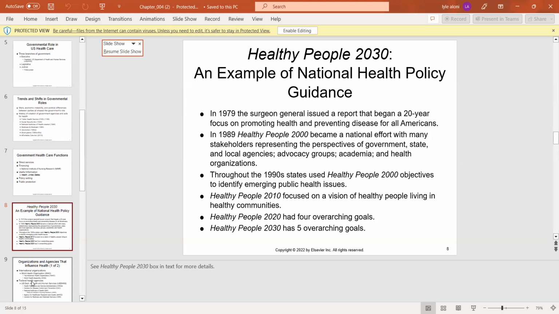In 1989, Healthy People 2000 became a national effort with many stakeholders. Throughout the 1990s, states used Healthy People 2000 objectives to identify public health issues. We have Healthy People 2010, which focused on a vision of healthy people. Then 2020 had 4 overarching goals, and 2030 had 5.